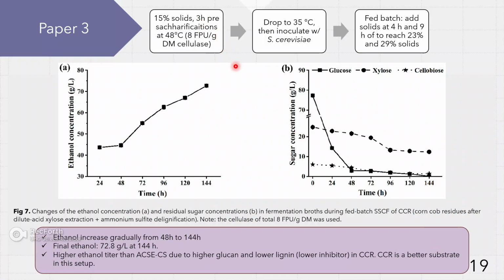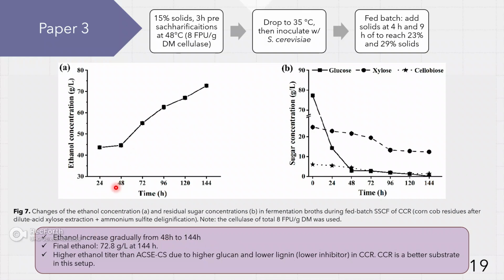Next, they also use the same pre-saccharification for the corn cob, but they use less cellulase and drop the temperature to inoculate the yeast, and the fed batch adds solids at 4 hours and 9 hours to reach 23% and 29% solids respectively.